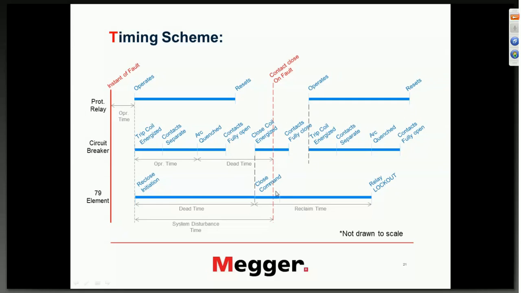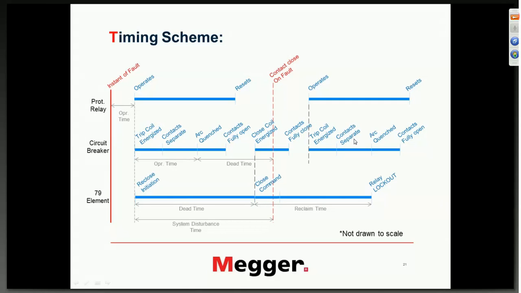And what is going to happen is the protection relay or any other protection function inside that controller again kicks in, and it takes its own operation time to operate. Operate means the trip signal is issued by the controller, and the circuit breaker again goes through the trip coil energizing, and the contacts are separated.